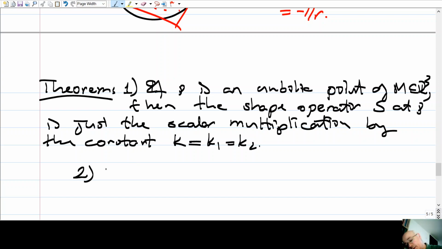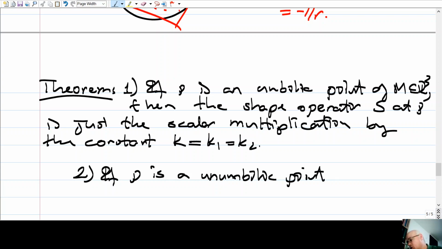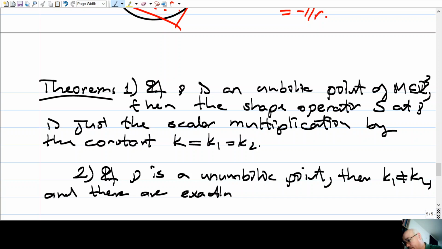The second part is this: if P is a non-umbilic point, so if the normal curvature function is not constant, then of course the minimal and maximal values cannot be the same, and there are exactly two principal directions.